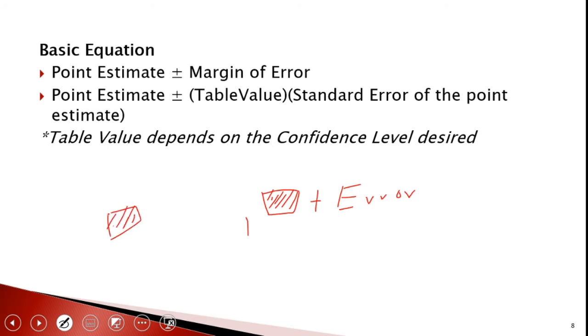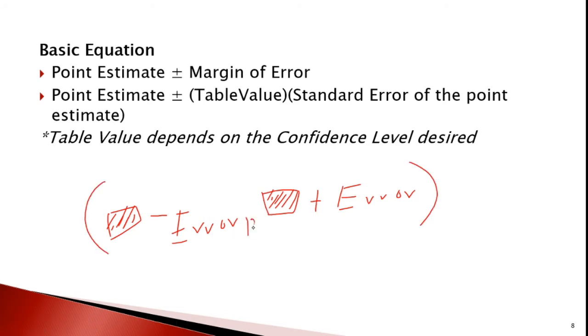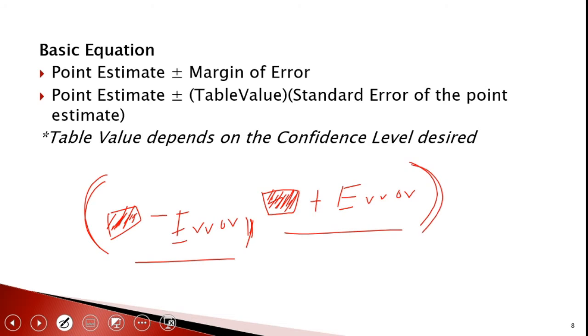This is again my point estimator, same point estimator, minus error. So do you feel something? Value comma value. See, point estimator, point estimator. If you remember in the last slide, I told you we use point estimators to calculate the confidence interval. So this is some kind of confidence interval.